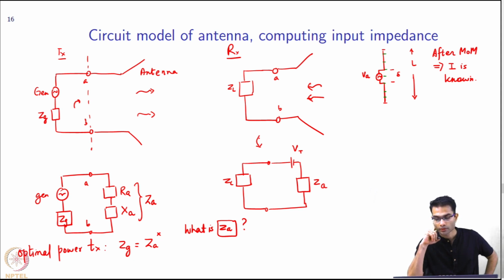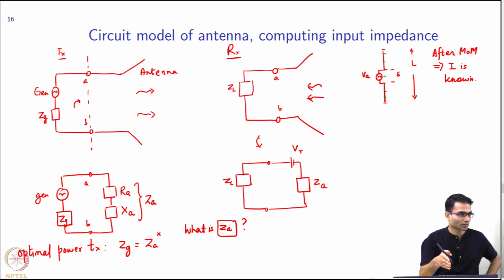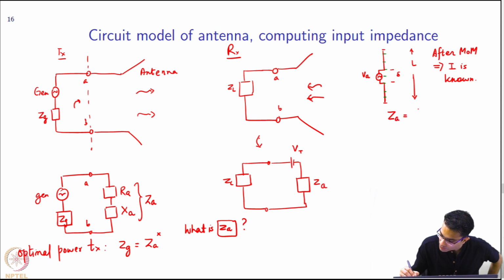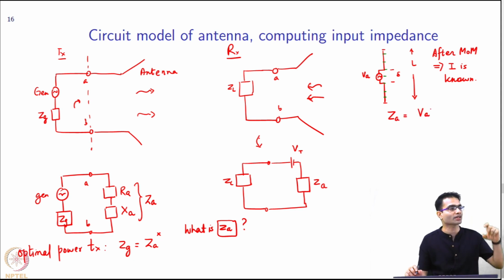I is a function of space, right? I expanded I on a pulse basis along the length of the antenna. So now which I will I put? Near the source, right? So after solving, ZA will be equal to the applied voltage over the current. So basically what is the current and voltage at the input terminals?